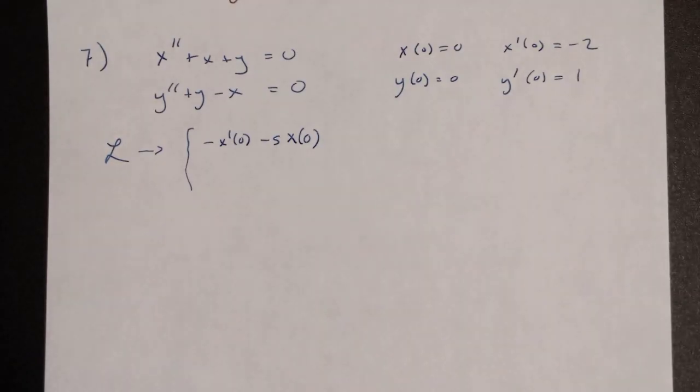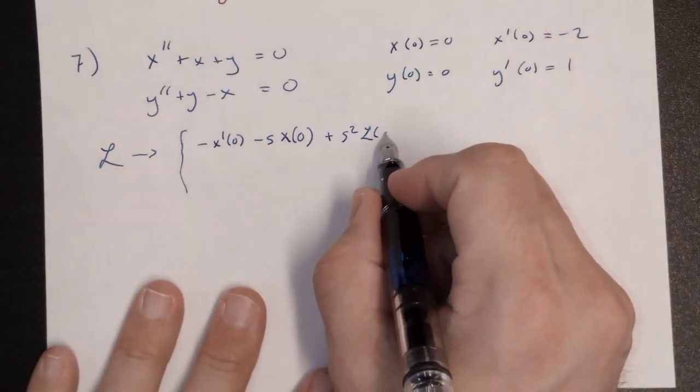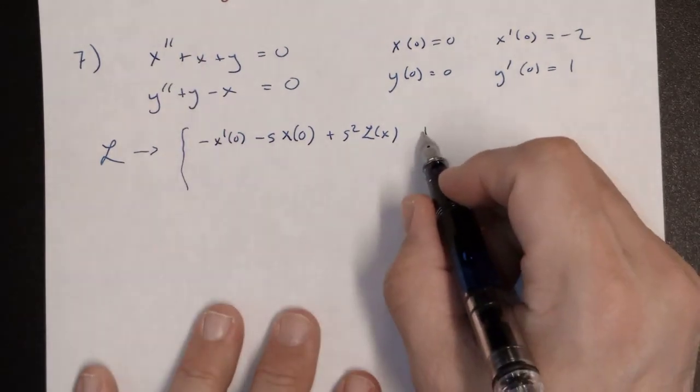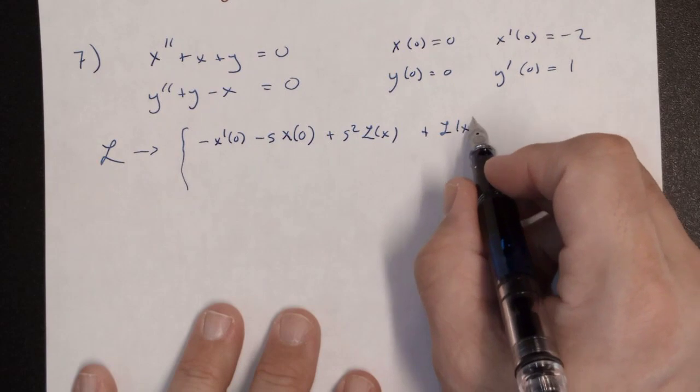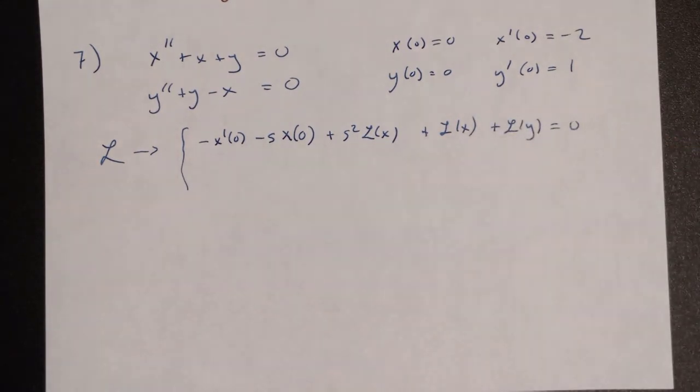I've got to have the first value, right? I don't get the Laplace transform until I get s squared. But then I do Laplace of x, and then I do Laplace of y, and that's equal to 0.